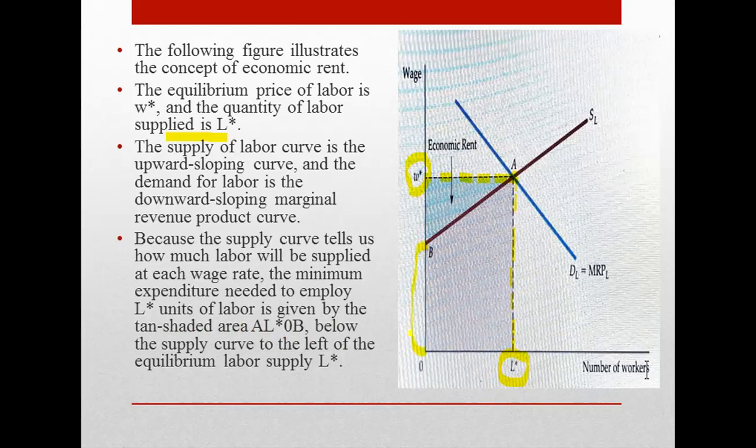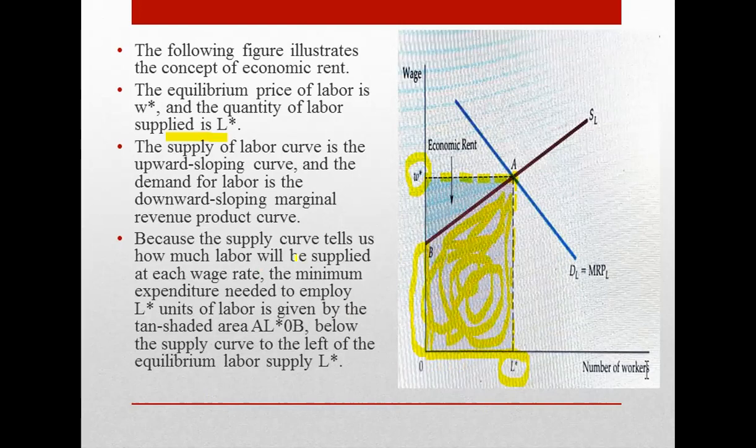For one laborer, you have to pay the minimum wage, that is OB, multiplied by OL star, the total amount of labor that we are supplying. Then this area shows the minimum wage bill you have to pay to get OL star amount of labor.